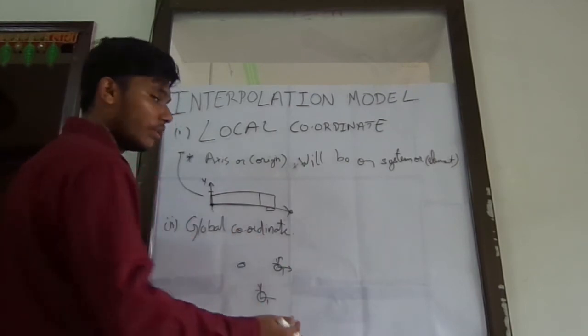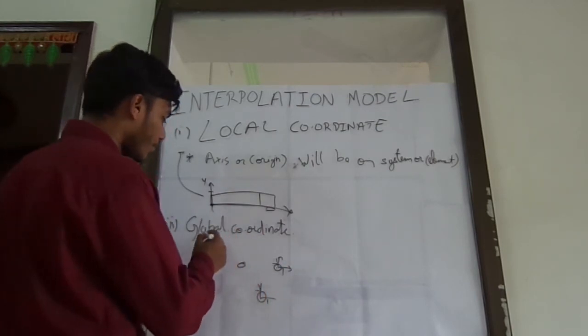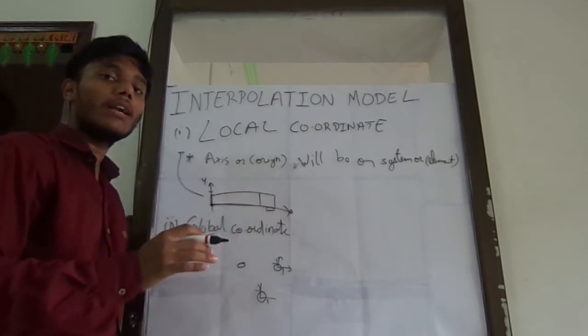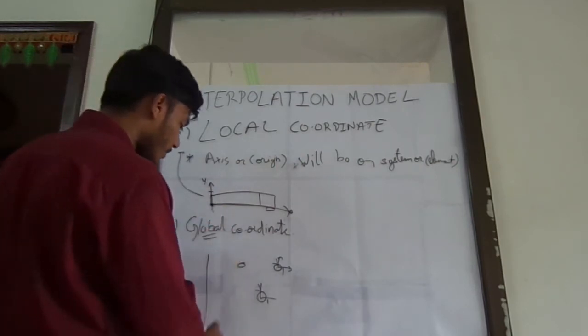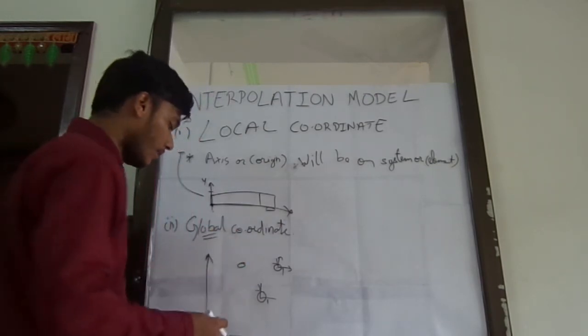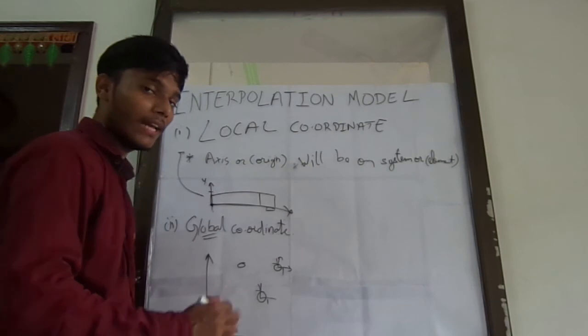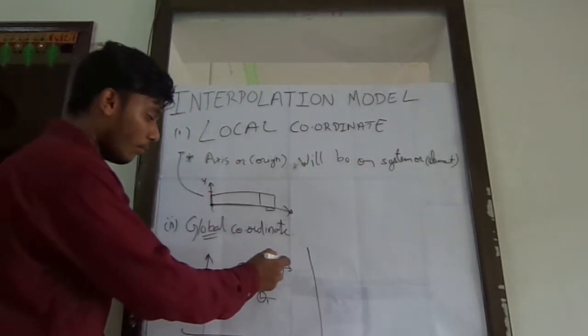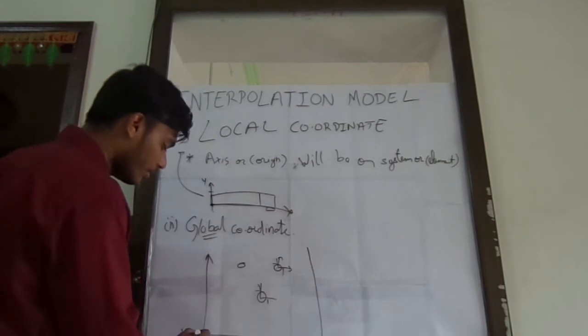In order to solve this problem, we use the global coordinate system. What happens in the global coordinate system? You are not taking the axis on the element, it will be somewhere away from the element. Not always, but usually it will be away from the element. I will tell you the second case. In this case it is away from all three elements, right? So this is your 0.